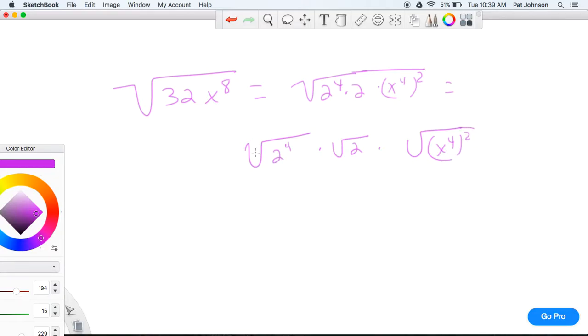The index is 2, 4 divided by 2, that's 2 squared. This one cannot simplify, so I simply have the square root of 2. And then here, I can take out x to the 4th, and this is 4x to the 4th square root of 2.